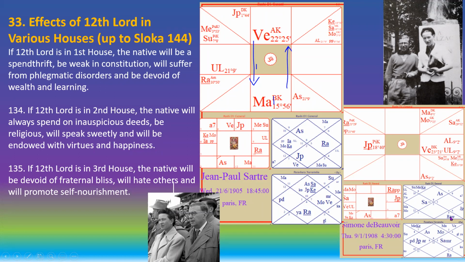Her 12th lord Venus is in the 3rd house, so she was bisexual, and with an open relationship, I don't know if she was really happy, but she was quite disliked, though formidable at the same time, and quite self-centered.